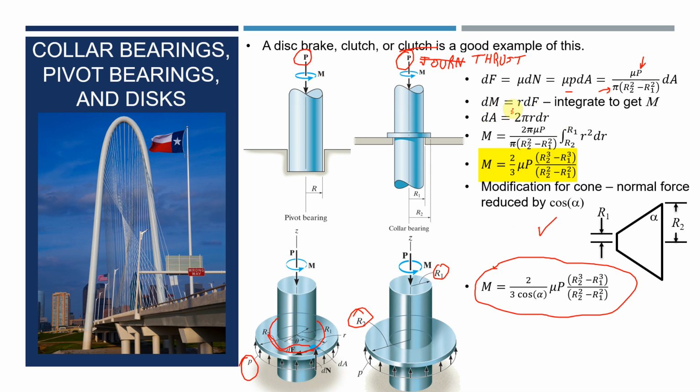You have to integrate it to get the total M. So r times this dF will give you M. dA, that's what I was talking about, the ring at a radius r. dA then is going to be the width of this circle times the circumference of the circle. Well, the width is little dr. It's differential r.